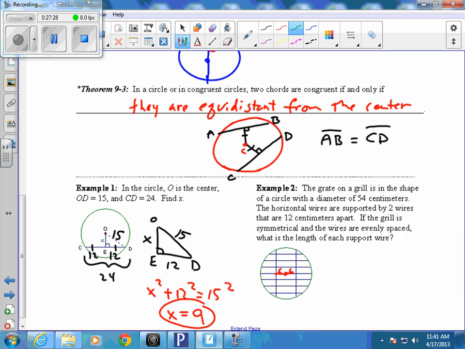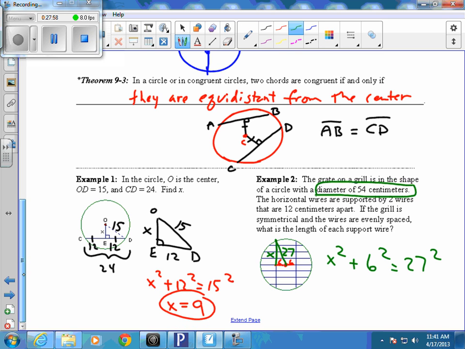Okay. So let's say we drew a right triangle and we found half the support wire, kind of like so. So we got 6 there. We're trying to find X. It says the diameter of the circle is 54 centimeters, so half of 54 is 27. So from the middle to the outside of the grate is 27. Use the Pythagorean theorem. X squared plus 6 squared is 27 squared.